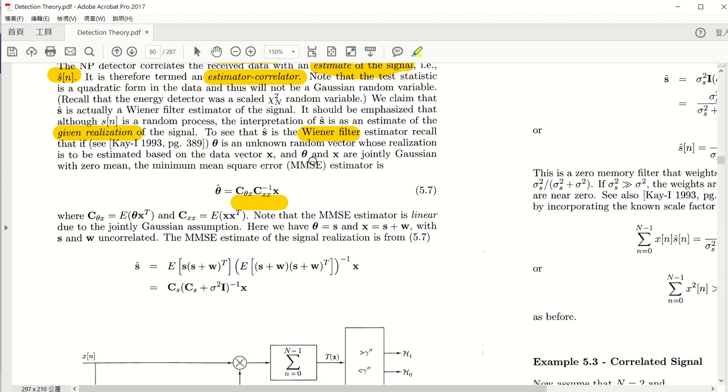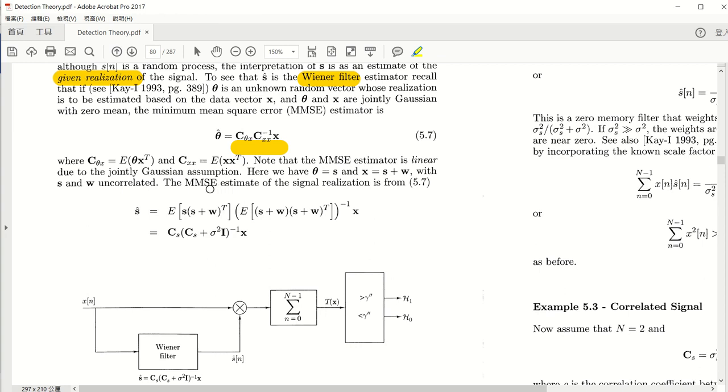In fact, when theta and x are jointly Gaussian, then this is the minimum mean square error estimator for theta hat, given the realization of x. So this can be proven to be MMSE, but no proof is provided here. Note that the MMSE estimator is linear due to the joint Gaussian assumption.